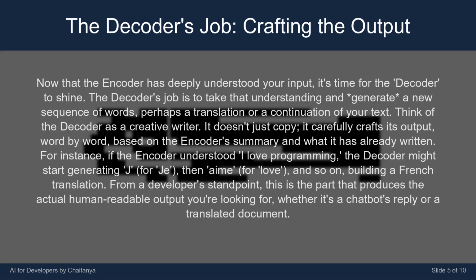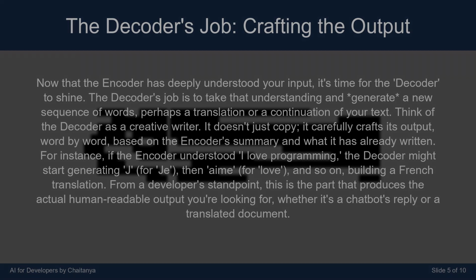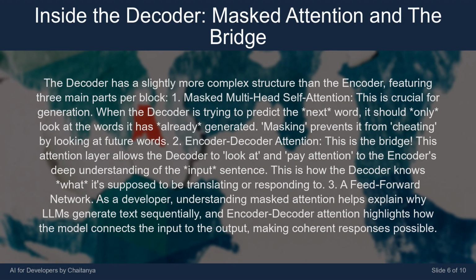Whether it's a chatbot's reply or a translated document, the decoder has a slightly more complex structure than the encoder, featuring 3 main parts per block. 1. Masked multi-head self-attention. This is crucial for generation. When the decoder is trying to predict the next word, it should only look at the words it has already generated.